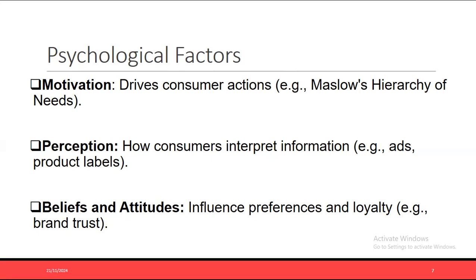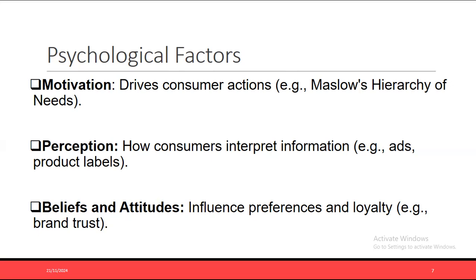So if, for example, there's an advert on the screens, on TV, on social media, how does the consumer interpret this information? Based on how the consumer interprets this information, they can form some attitudes, or they can come up with beliefs, or they can come up with how they think about the product.